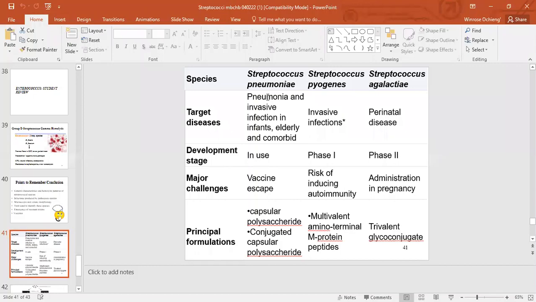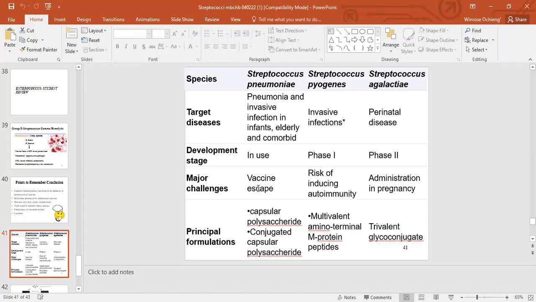In Streptococcus pneumoniae, remember we have seen that it has many strains. So we prepare a vaccine, maybe it is packed against like 4 strains. But now the small children get another strain and it causes an infection. Because they were not immunized against that particular strain, they will still go down with pneumonia. So that's why we are having a challenge right now.